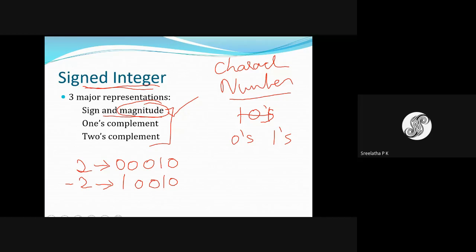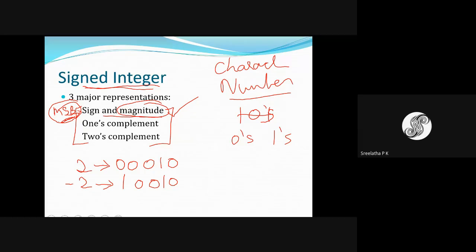So in sign and magnitude, or I can say in all these methods, the MSB indicates the sign of the number.